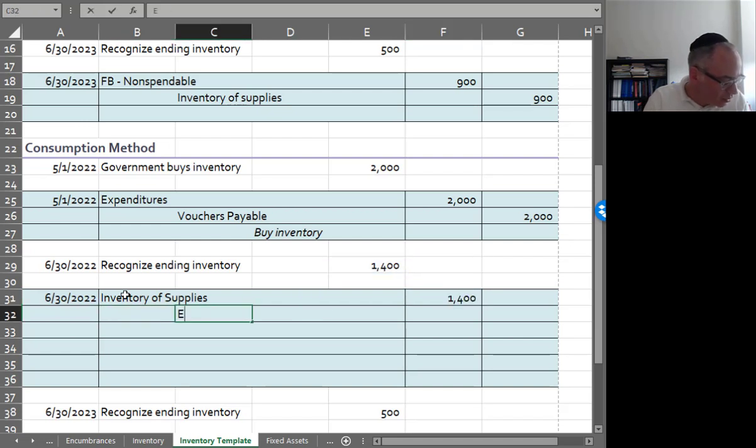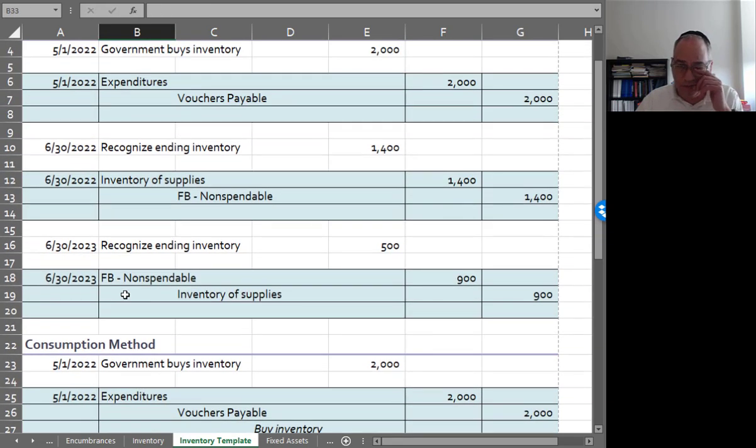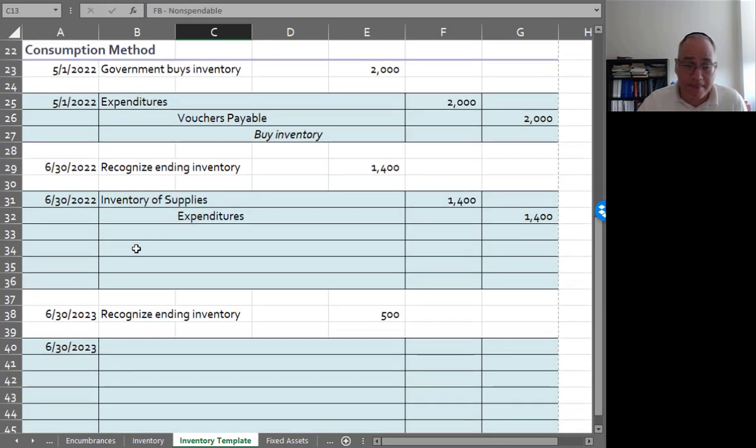And they're going to credit expenditures also for $1,400, as opposed to fund balance non-spendable. And then they're going to set up the right amount, fund balance non-spendable, for $1,400 because there's $1,400 on the balance sheet that can't be spent.